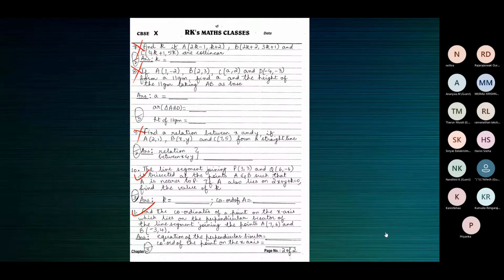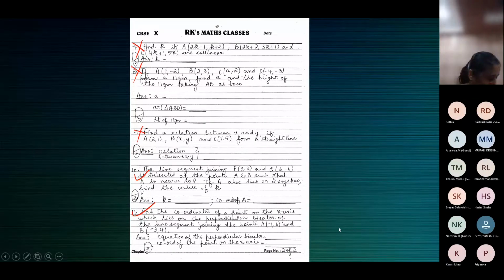Ma'am, K is equal to -5. You strongly feel you're right, or you have a doubt? Ma'am, I think right only.